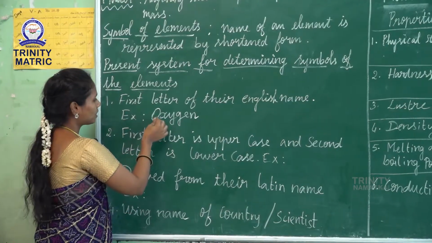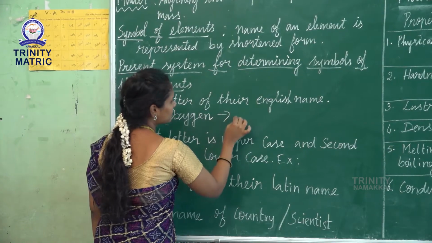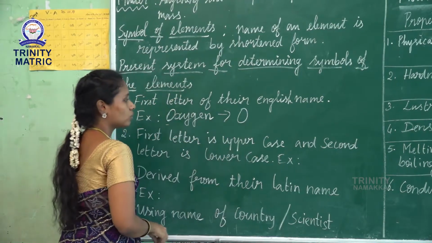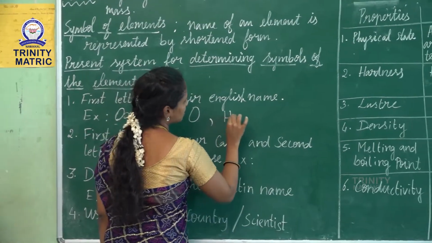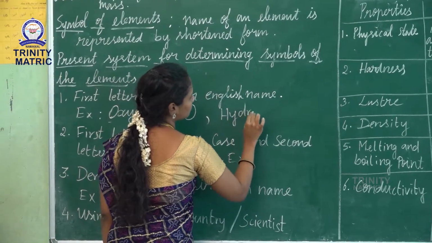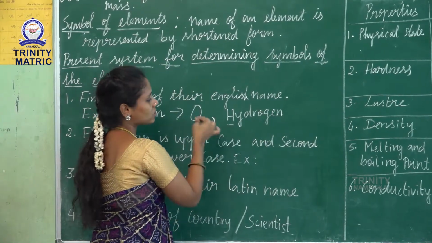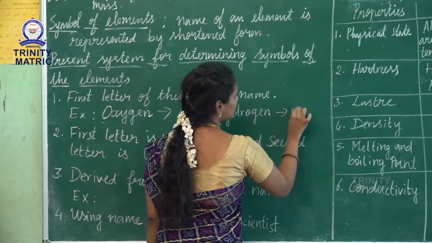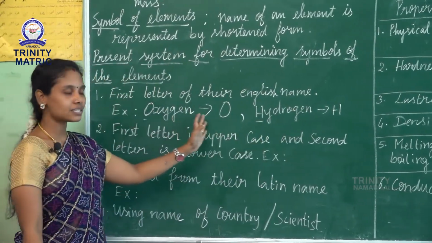Example, what is the first letter of oxygen? O. So the symbol is O. And another example, hydrogen. The first letter of hydrogen is H. So the symbol of hydrogen is H, symbol of oxygen is O.